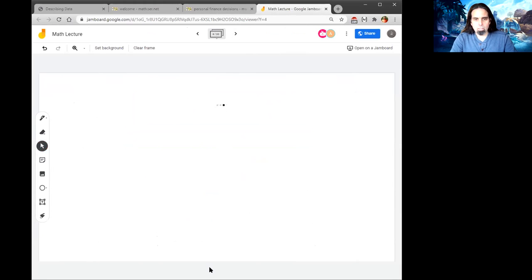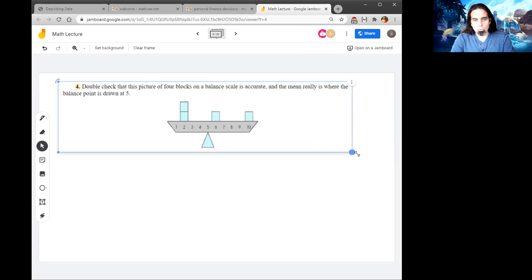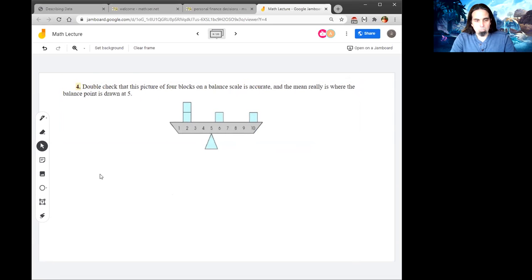This one is drawn to look like a balance. Oops, make it bigger. So somebody is claiming that 5 is the mean in this picture. Is that true?